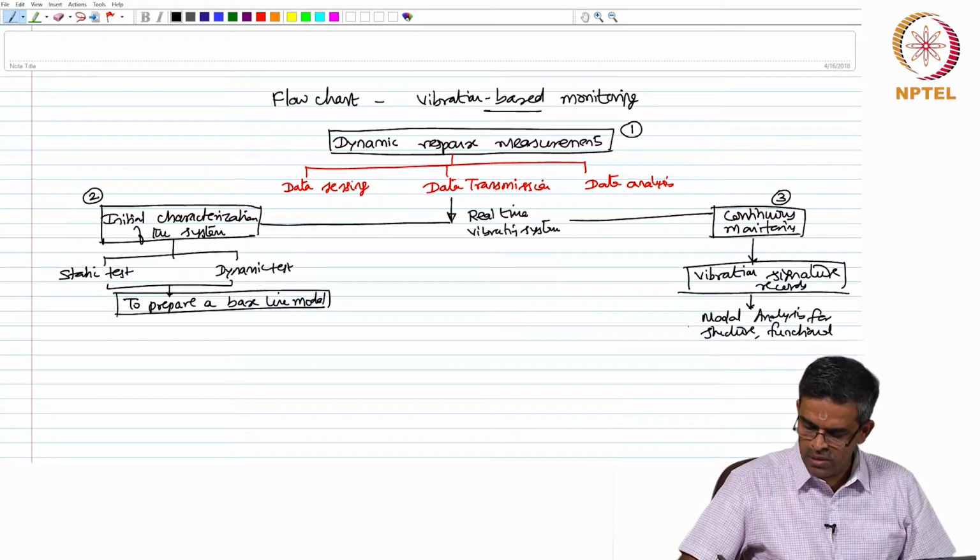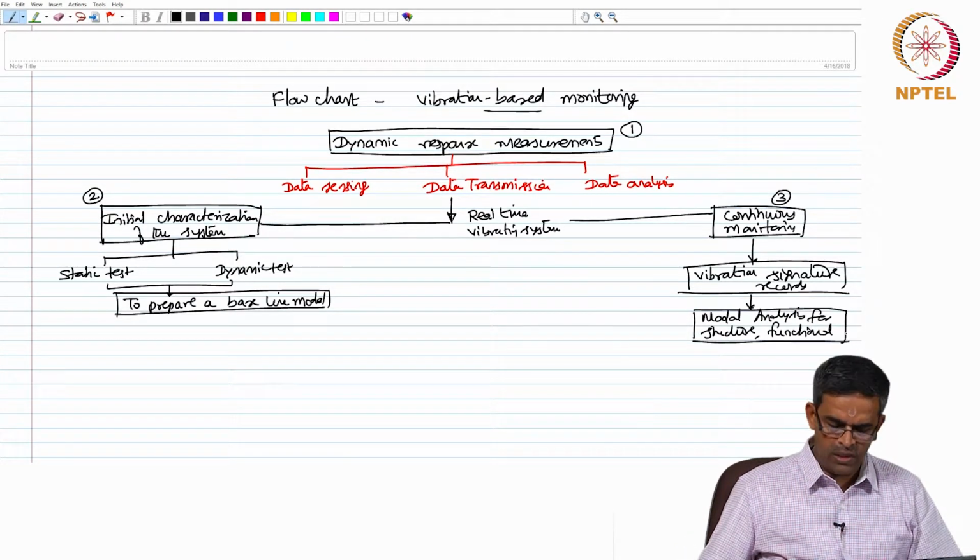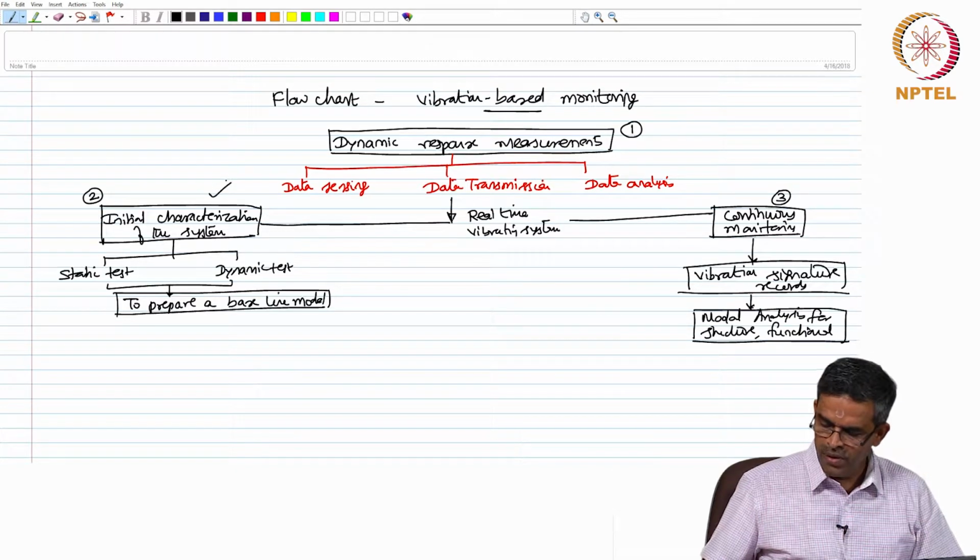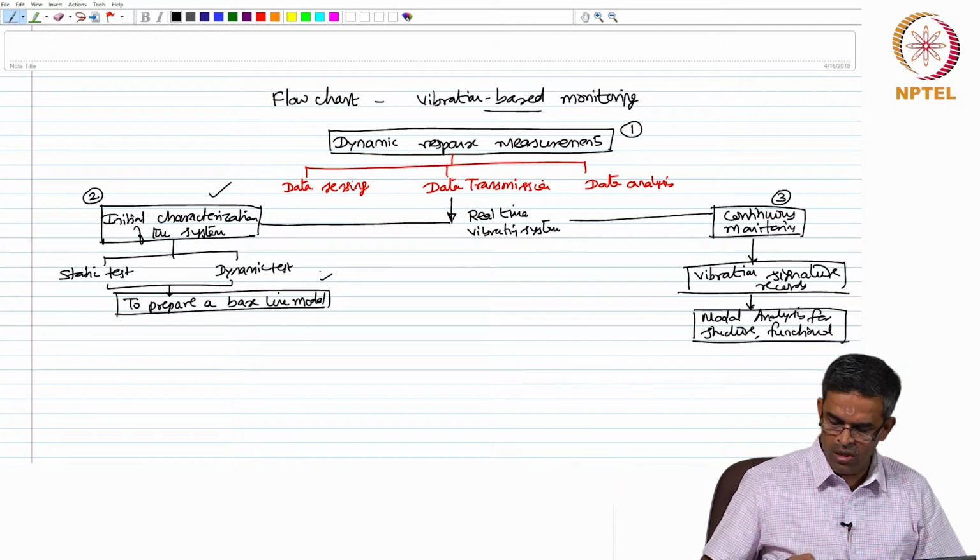This modal analysis for the structure under operation will be different from the conventional characterization of the system, based on which the baseline model has been prepared.